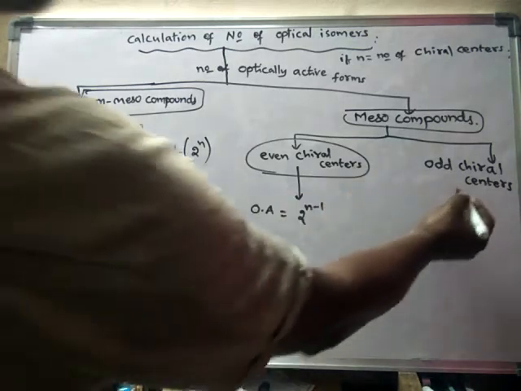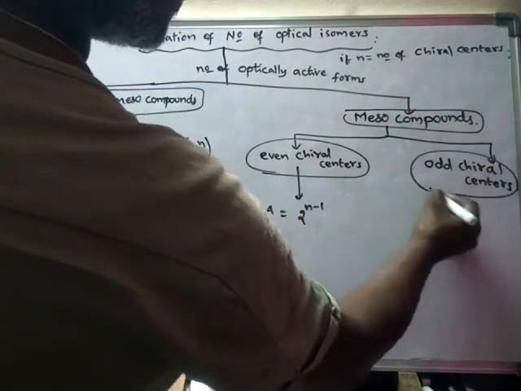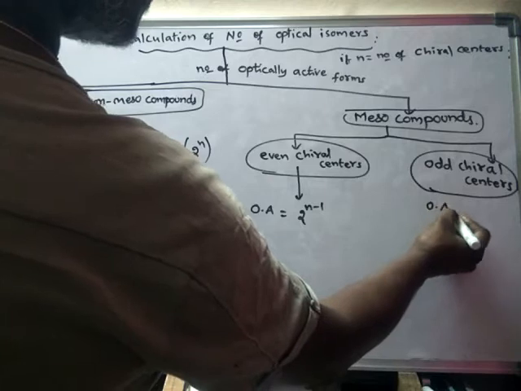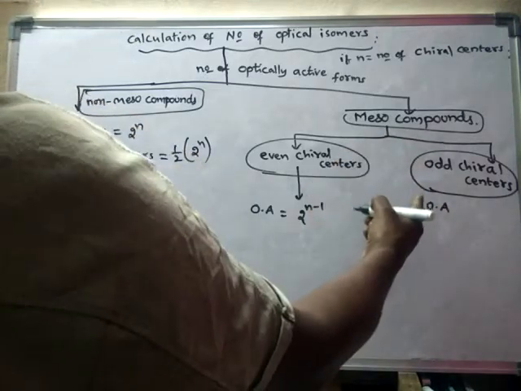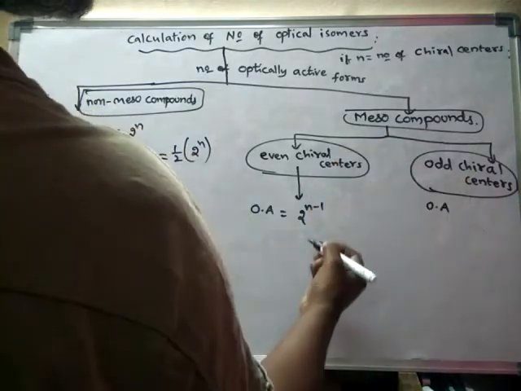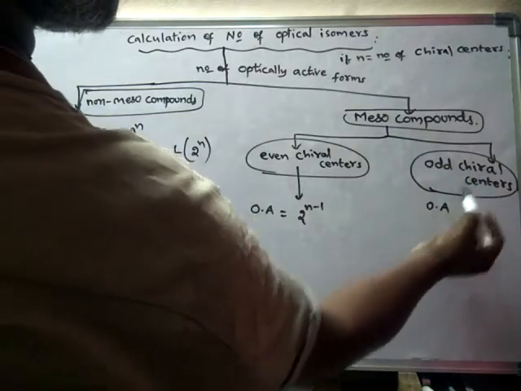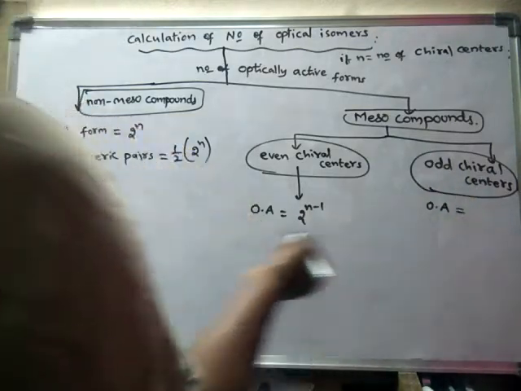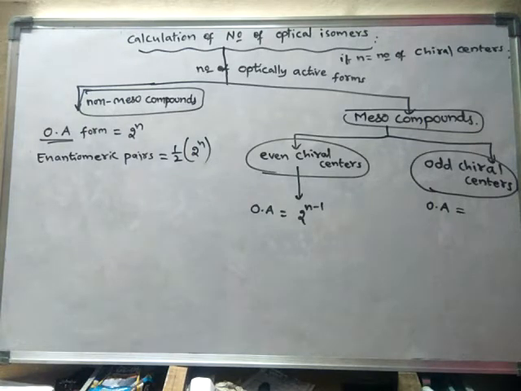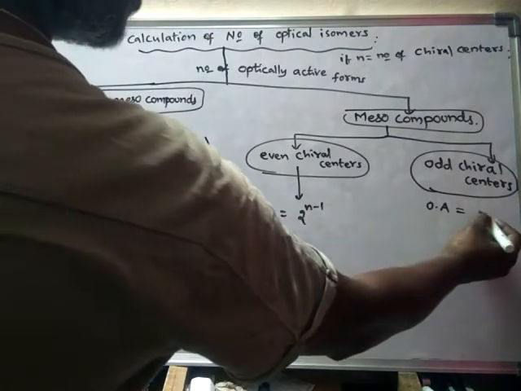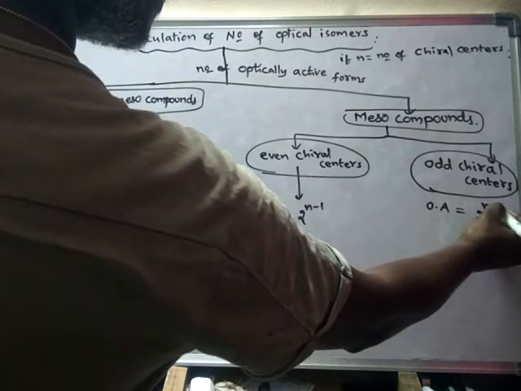Also, for meso compounds having odd chiral centers, the number of optical isomers formed will be equal to 2 to the power of n minus 1.